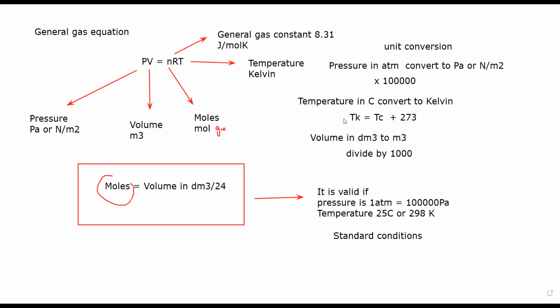It is a must that the temperature should be in Kelvin, because the SI unit of temperature is Kelvin, and the unit of the general gas constant is joule per mole Kelvin. If you substitute the temperature in degrees centigrade, your answer will not be correct.